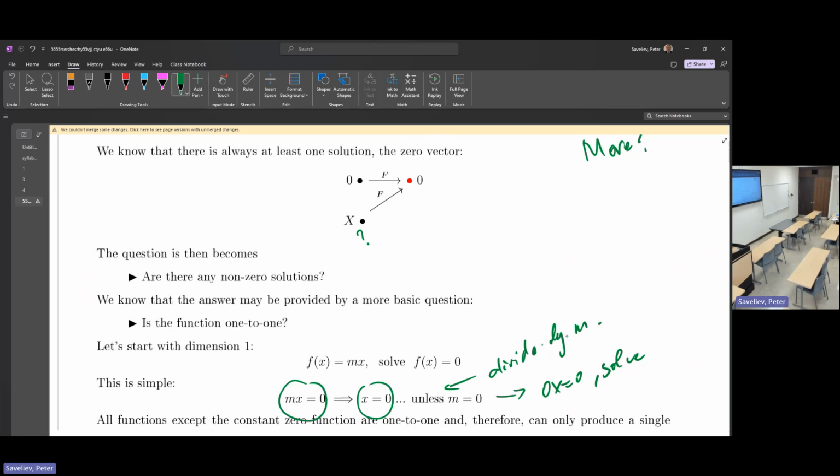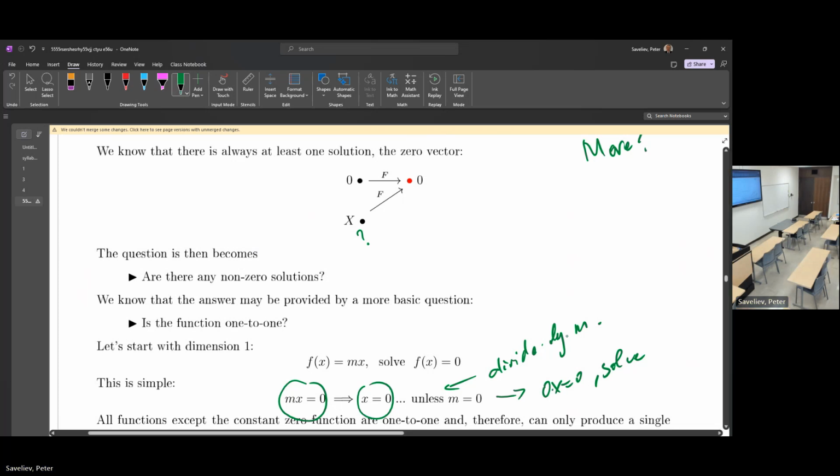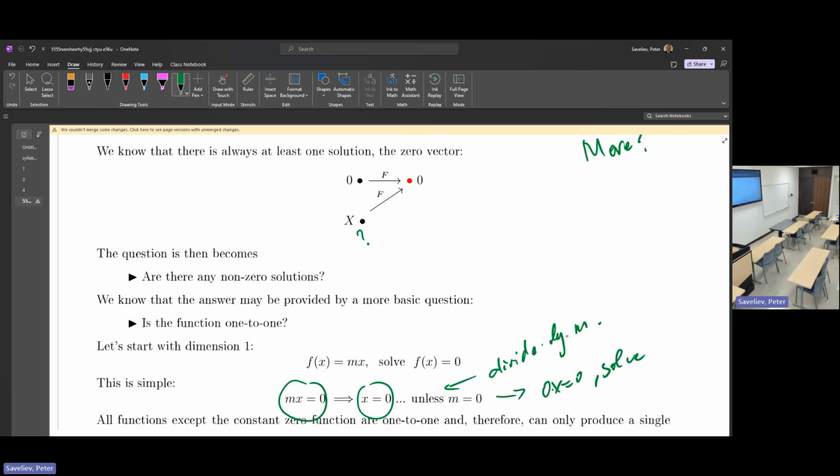You divide by 0, right? No, well, I'm not telling you to divide by 0. If you decide to solve it by dividing by 0, that's your problem. Maybe you just took a different wrong route. 0x is equal to 0. Like I said, we need to solve it, but I'm not asking you to divide.